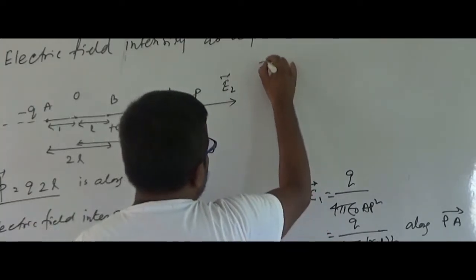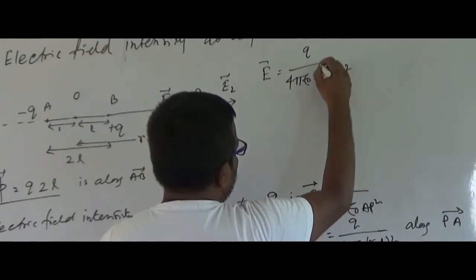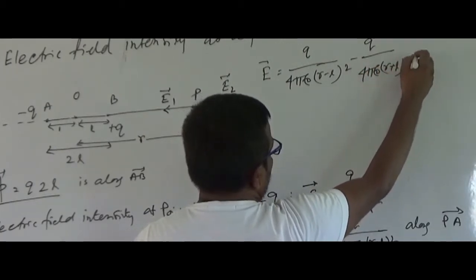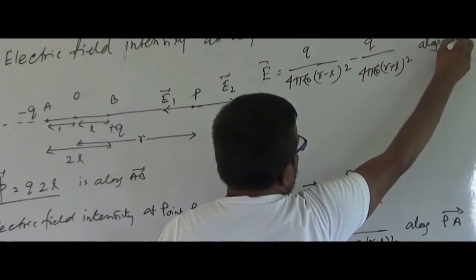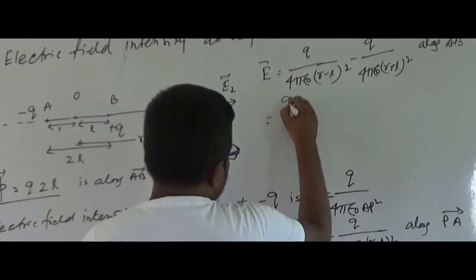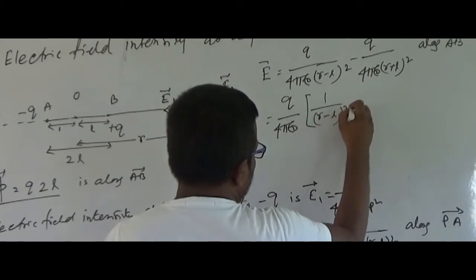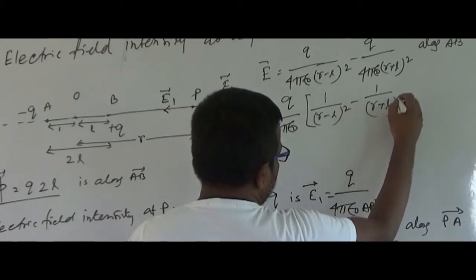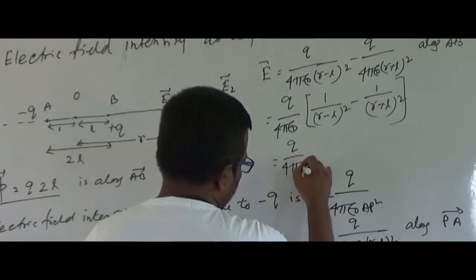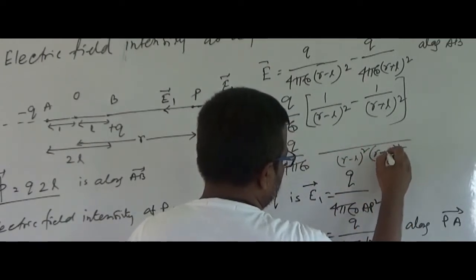E2 minus E1. Right, here E2 is Q by 4 pi epsilon naught R minus L whole square, minus Q by 4 pi epsilon naught R plus L whole square, and this will be along AB vector, which is equal to, you can take common, Q by 4 pi epsilon 0, and here 1 by R minus L whole square minus 1 by R plus L whole square, which can be written as Q by 4 pi epsilon naught, R minus L whole square R plus L whole square.